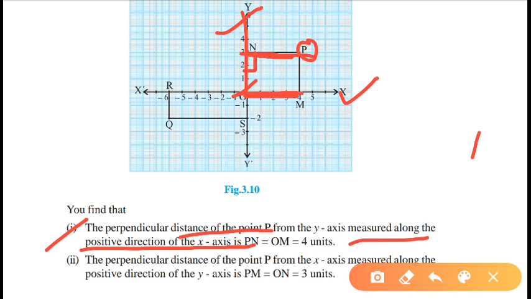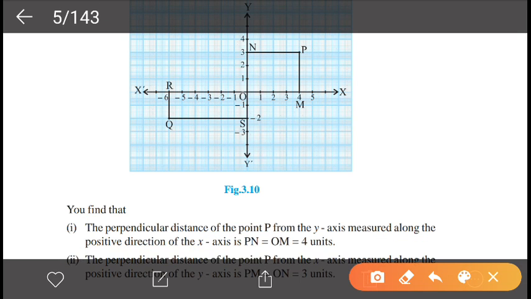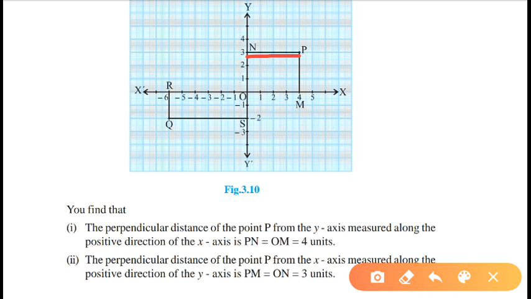Let me clear all the things. So you are able to see the Pn. I am marking Pn now. This is Pn. Pn, or you can say Om, is how many units? 4 units: 1, 2, 3, 4. Clear?